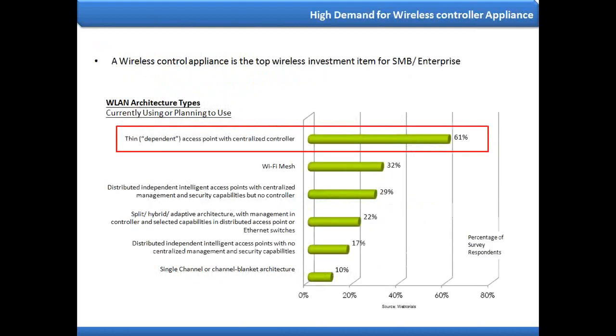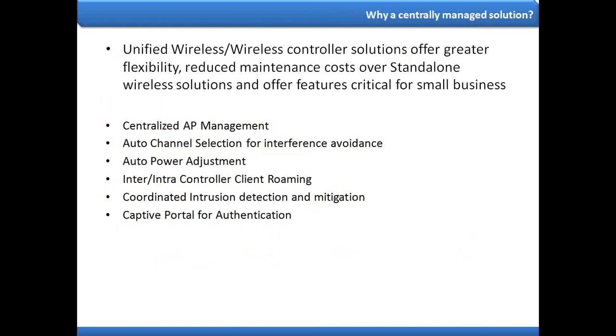If we take a look at what SMBs are currently looking at right now, you can see on this slide that 61% of small medium businesses are looking to currently purchase a thin or dependent access point with a centralized controller solution. So small businesses are already being educated into the benefits of wireless controllers and thin access points, and why some of those features are important.